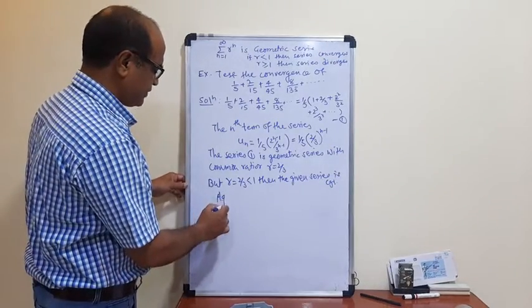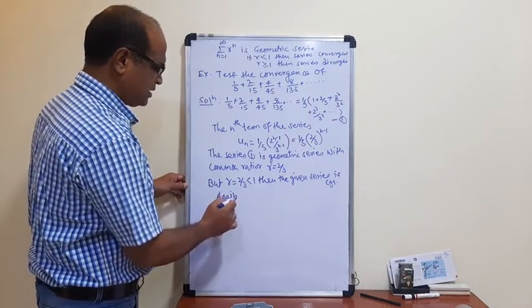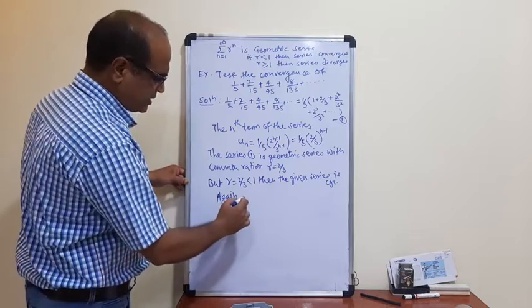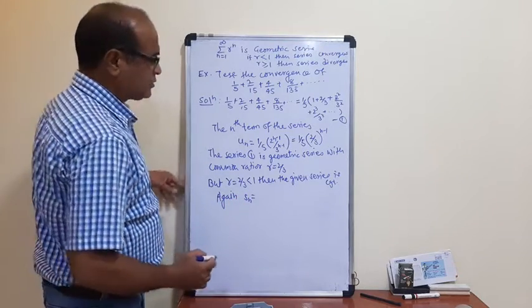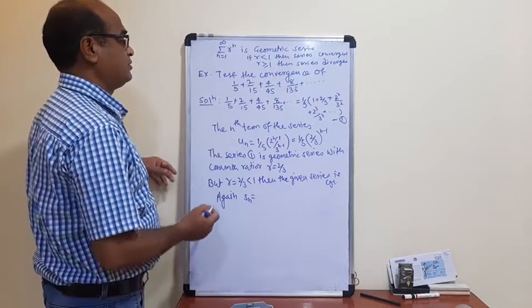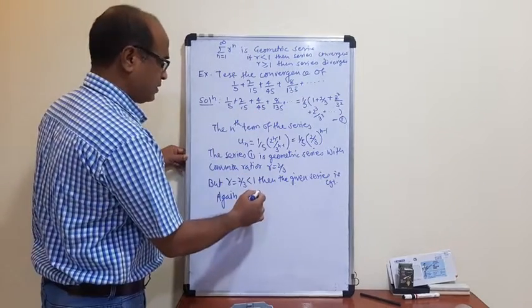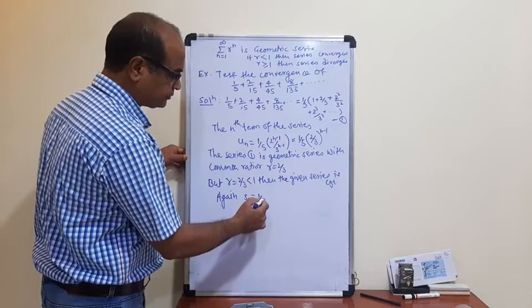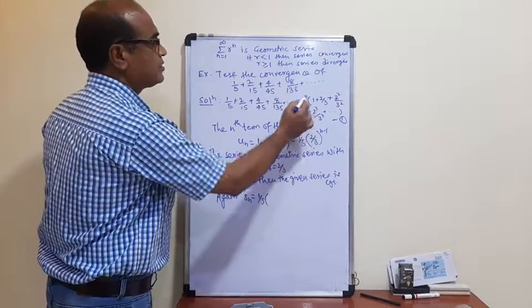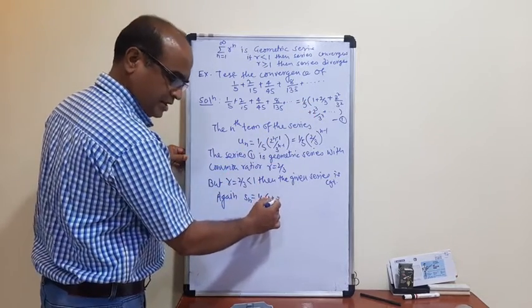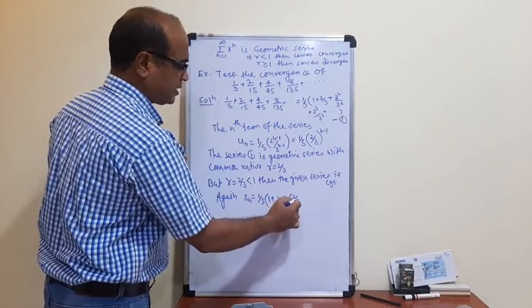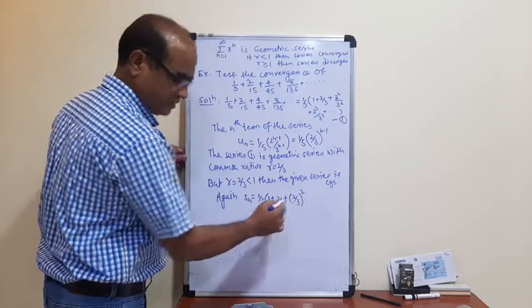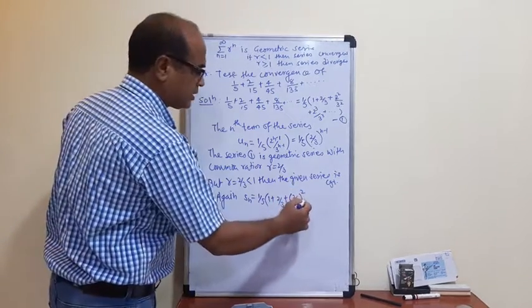So again we find the limit. Again, S_n is equal to the sum of n terms of that series. That is 1 by 5 as the first term, plus 2 by 3, plus (2 by 3) raised to 2, and so on.